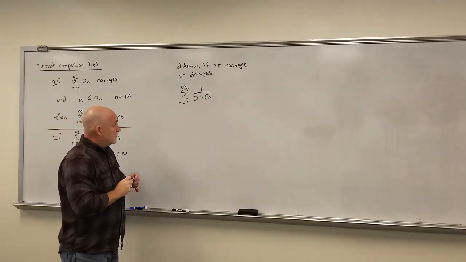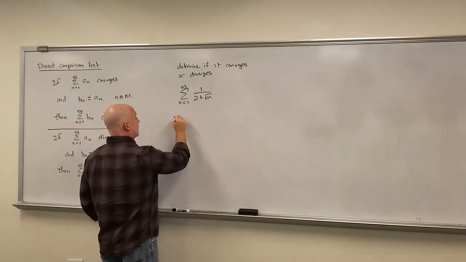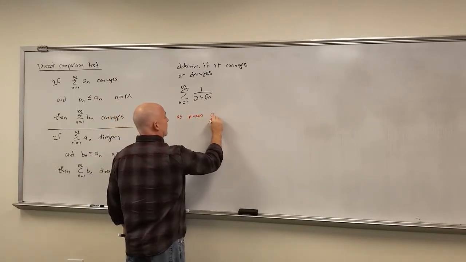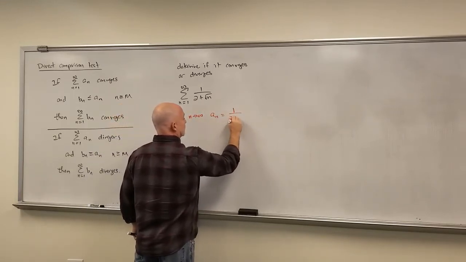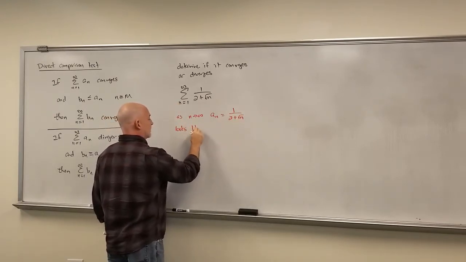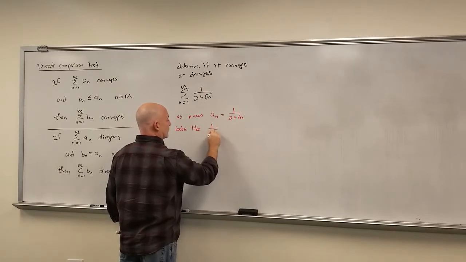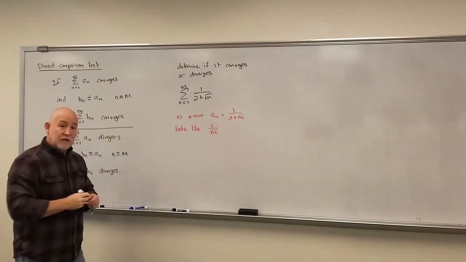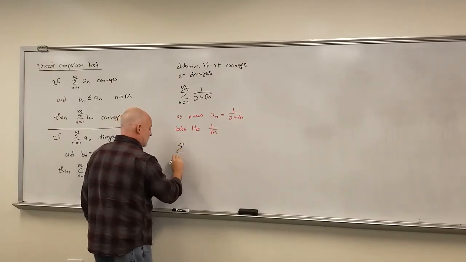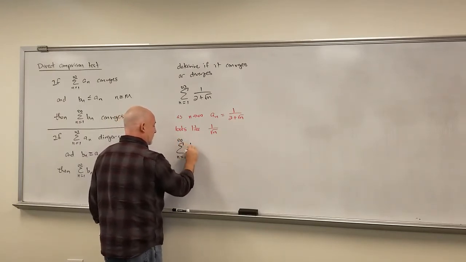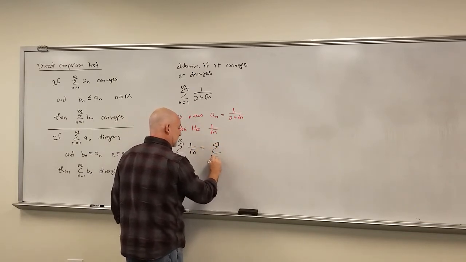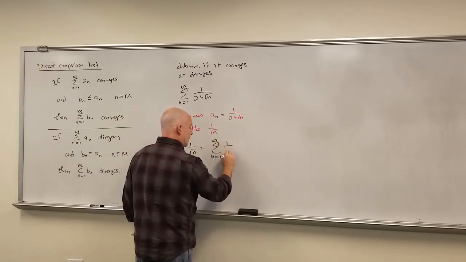So again, we're going to do the same kind of thing. As n goes to infinity, our a sub n, 1 over 2 plus the square root of n, looks like 1 over the square root of n. If we take a look at that series, this will be the sum from n equals 1 to infinity of 1 over the square root of n, or we can rewrite it as 1 over n to the 1/2.